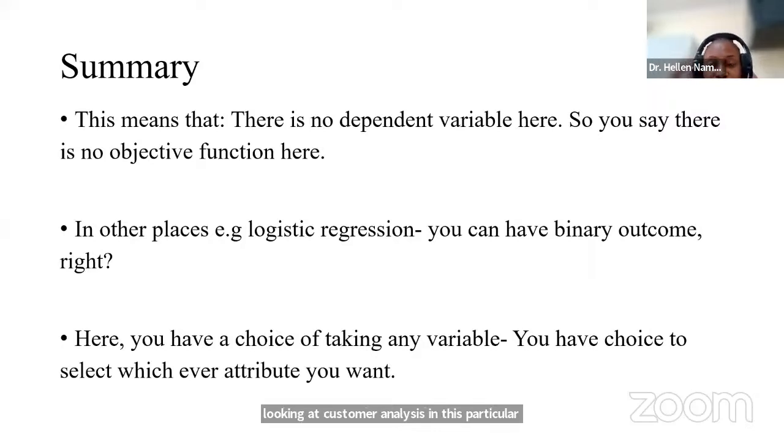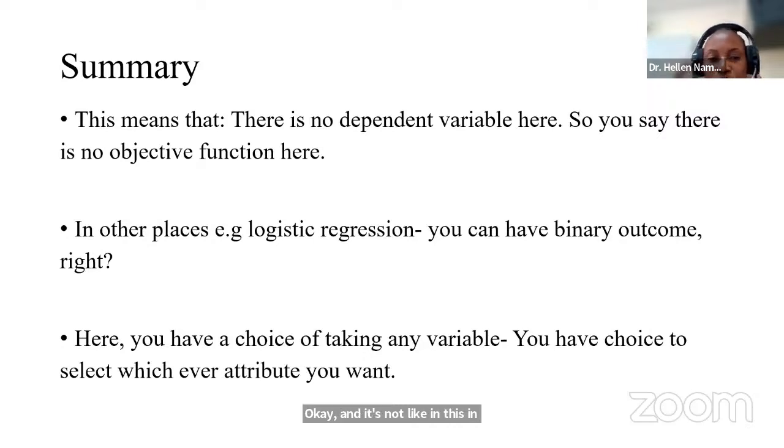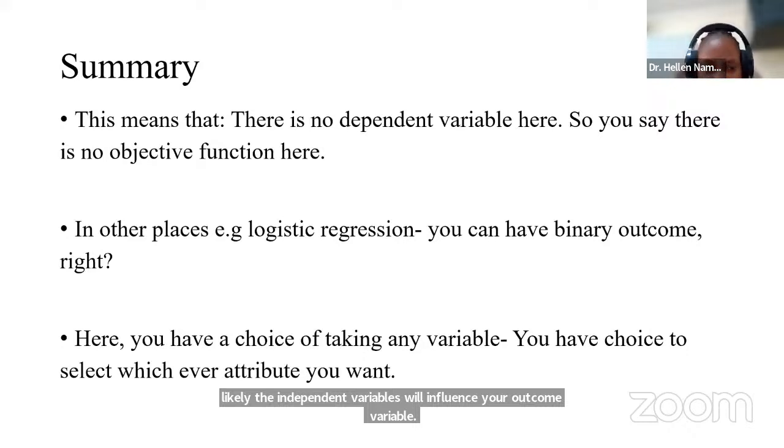remember, we mentioned it is an unsupervised technique. The variables are not depending on each other. It's not like, for example, logistic regression, whereby you're looking at a binary outcome, and you want to understand how likely the independent variables will influence your outcome variable. Here, there is nothing like dependency.